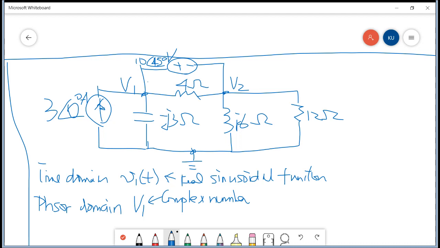Okay, so in this question, you're supposed to find V1 and V2.